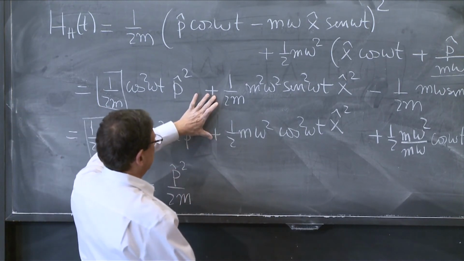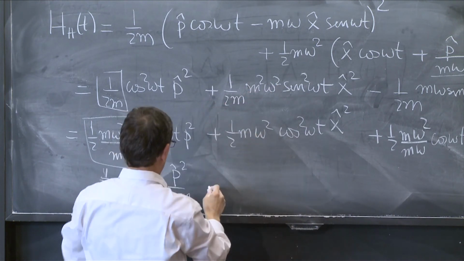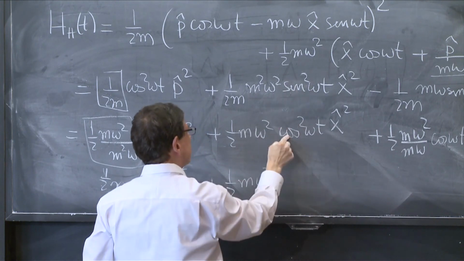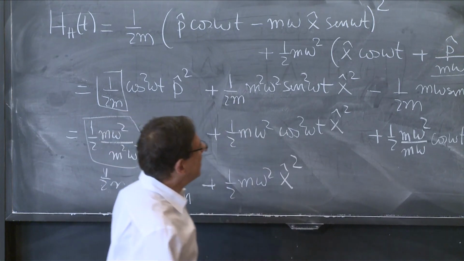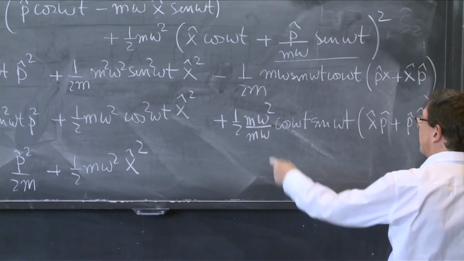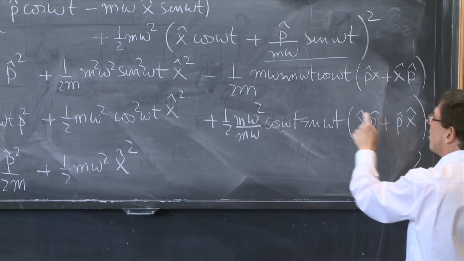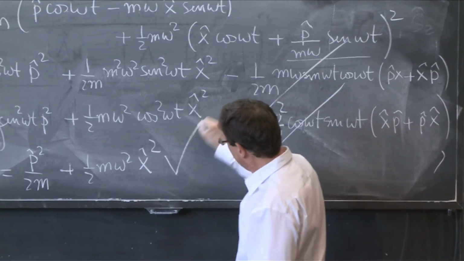For these ones, we have 1/2 m omega squared, cosine and sine squared, so it's 1/2 m omega squared x hat squared. And then in the cross terms we have omega over 2 and omega over 2, same factors, opposite signs. Very good.